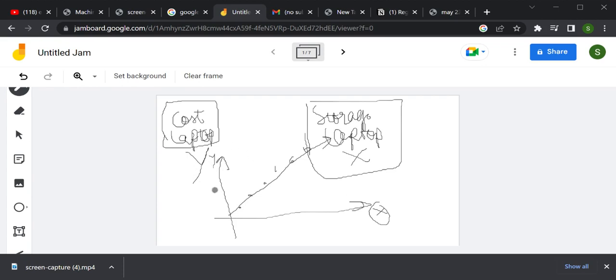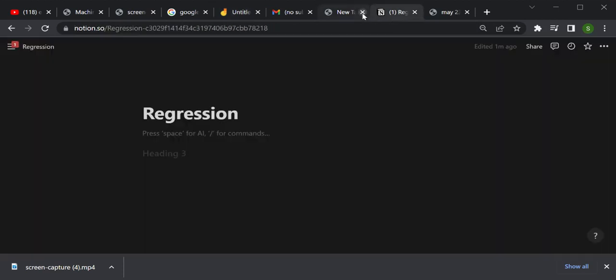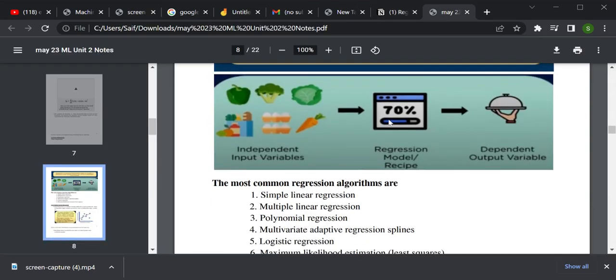We find this variable based on the input variable, that is independent variable x. Now this statistical method is called regression. Regression is nothing but the prediction of a variable. So we have seen what is regression here.